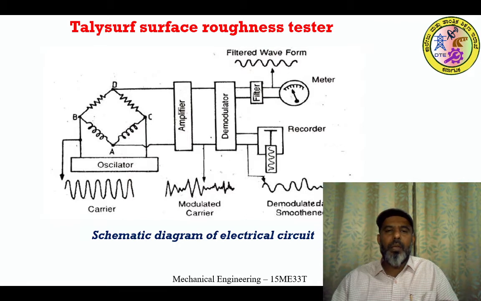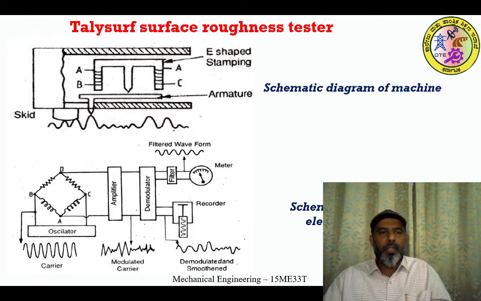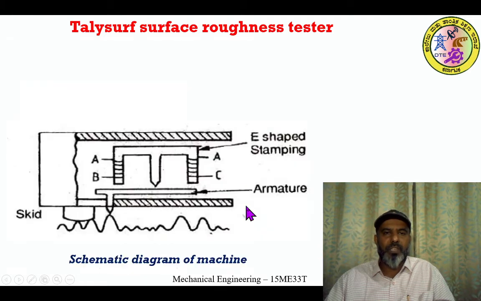Now we are going to discuss in detail the construction of the Talysurf surface roughness tester. We are going to first discuss the construction part, looking at the schematic diagram. Then we are going to discuss the electrical part, how it is helpful in the working of the Talysurf surface roughness tester.